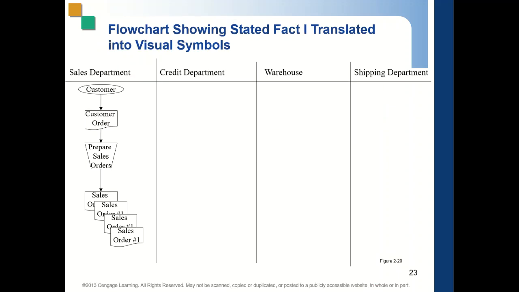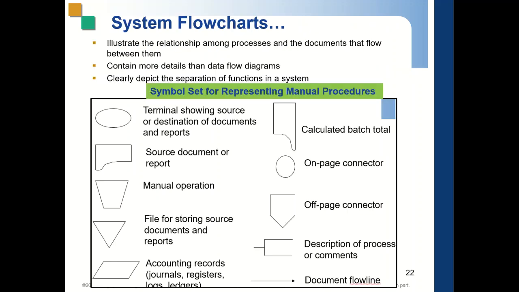So here is an example of a flowchart, and looking at this, what did we say that symbol meant? Well, if you go to the previous page, it's a terminal showing source or destination of documents and reports.